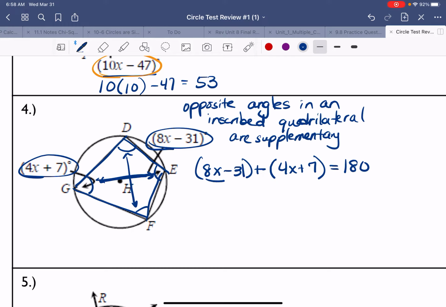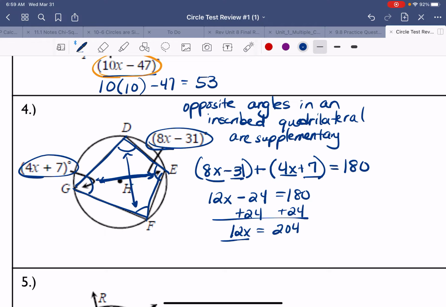So 8x and 4x gives us 12x. Negative 31 and positive 7 gives us minus 24, and that's equal to 180. I'll add 24 to both sides. 12x is equal to 204 divided by 12.